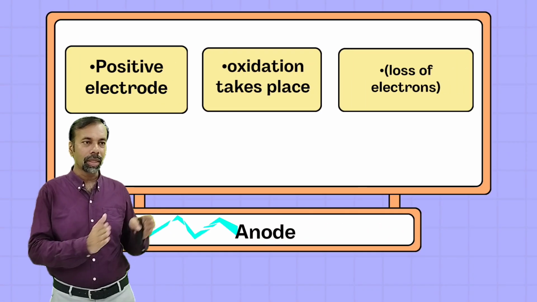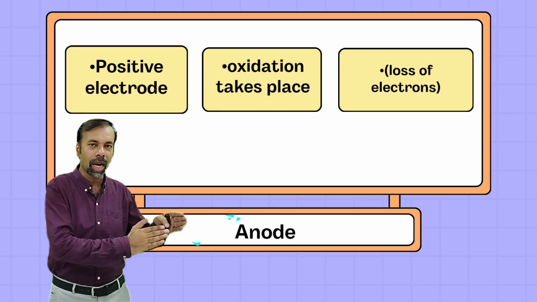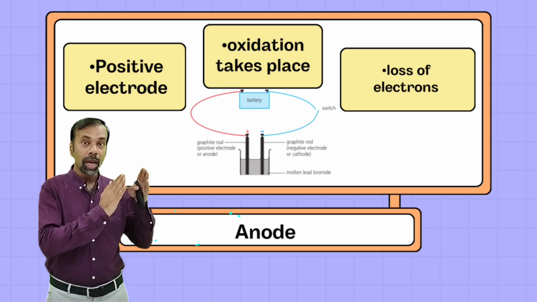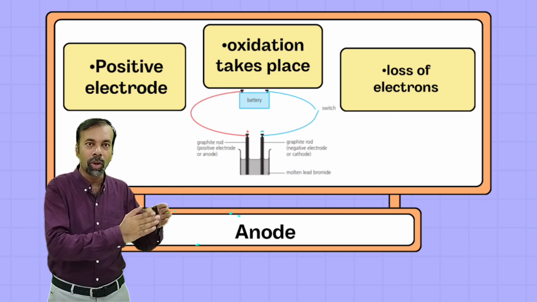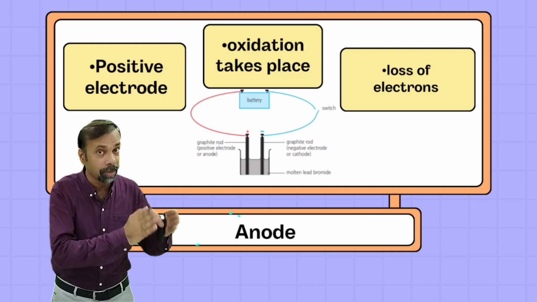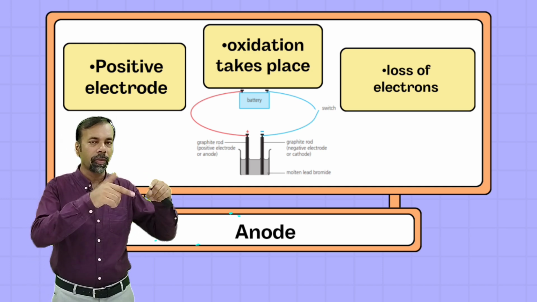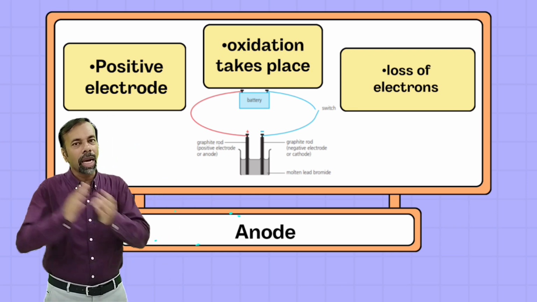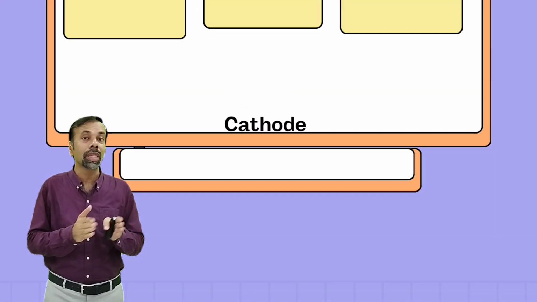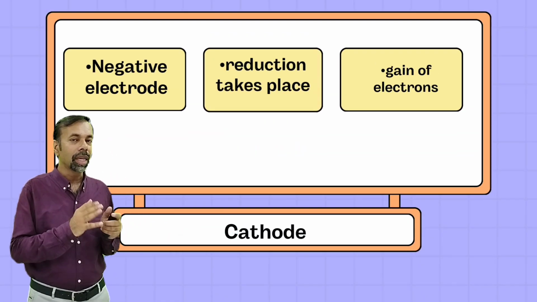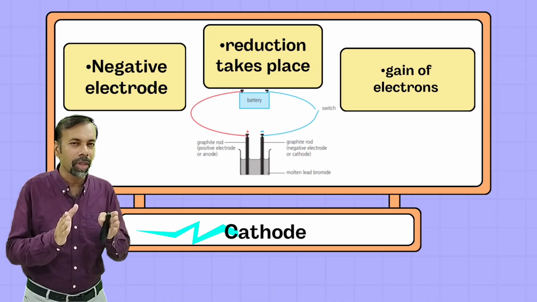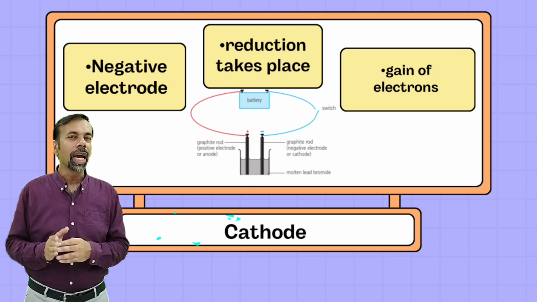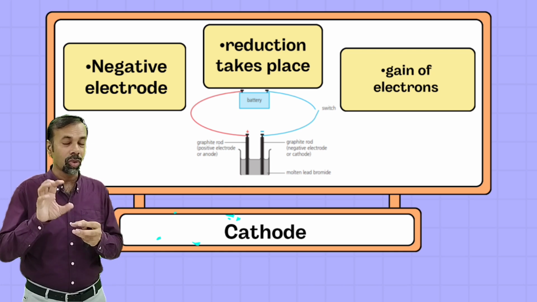In this process, the rod which is positively charged is called the anode, and oxidation always takes place at the anode. Oxidation means loss of electrons. So whoever comes at the anode will be losing electrons, and the other surface is the cathode. It is the negatively charged surface. Positive ions travel toward the cathode, and over there they gain electrons.